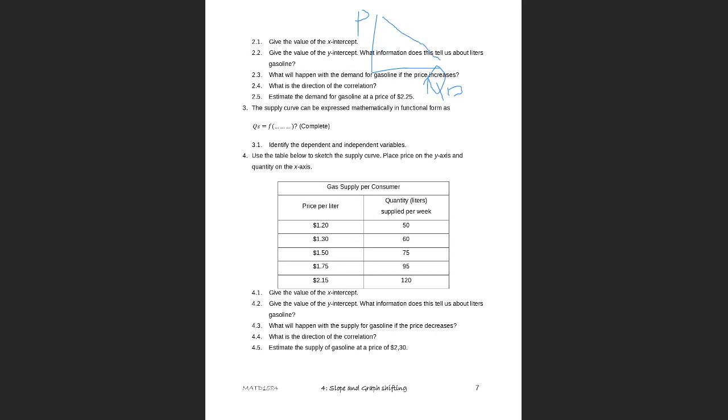That is, as price increases, demand will drop. As price decreases, demand will increase. Then estimate the demand for gasoline at a price of 2.15. When you plot the graph correctly, you can easily trace it.